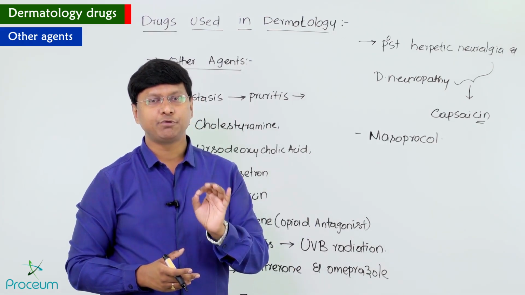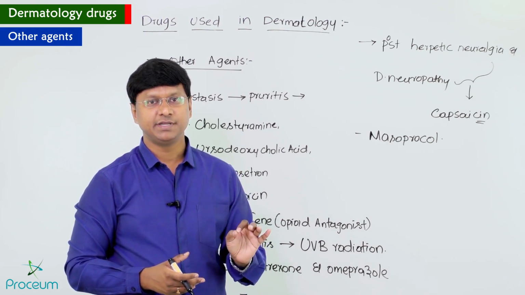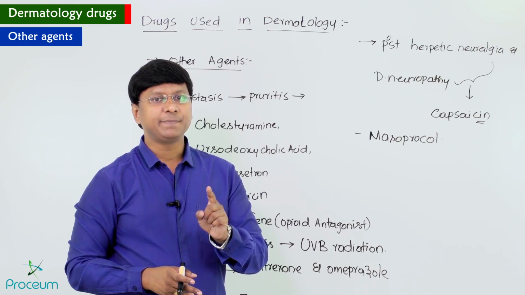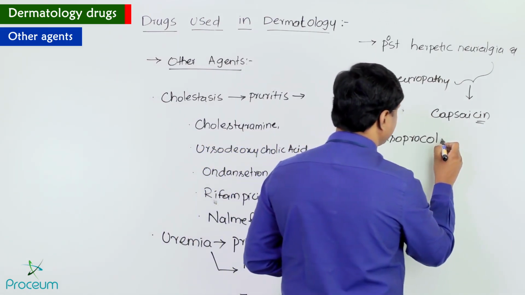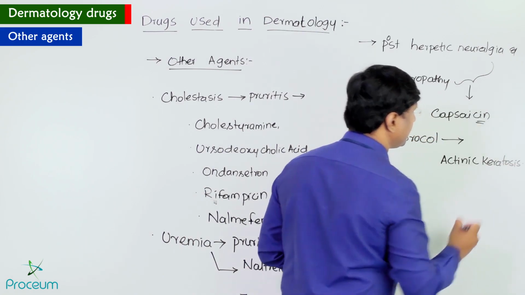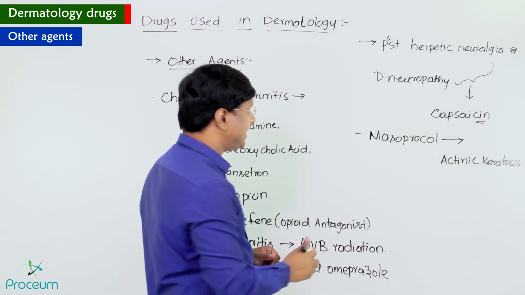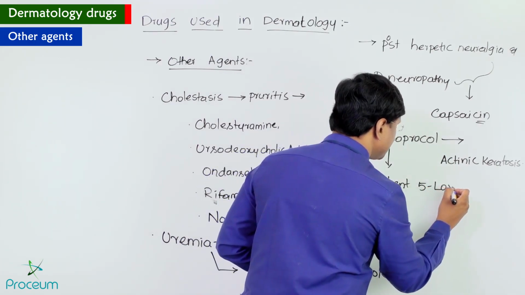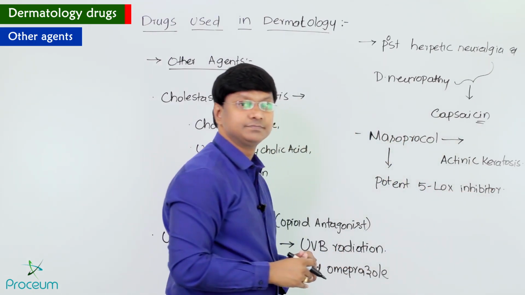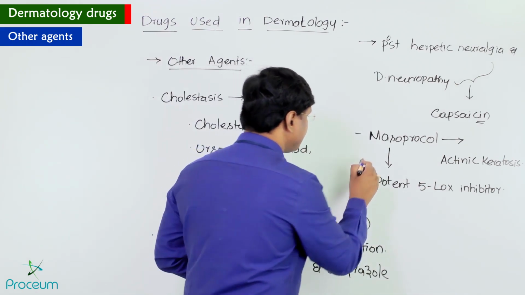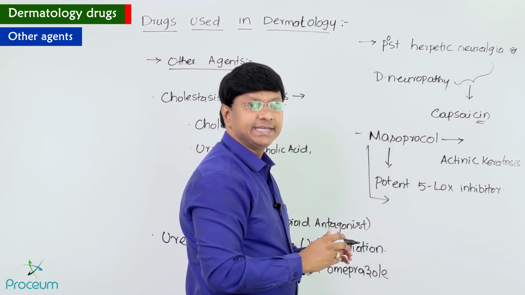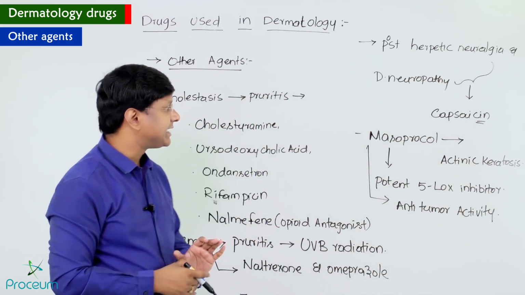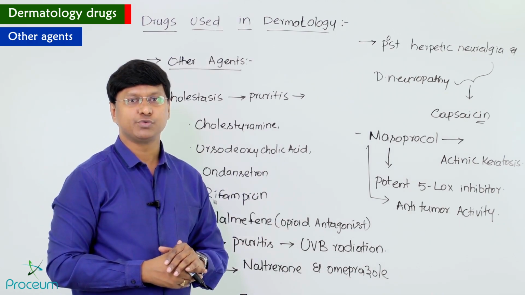Remember, it is a potent 5-lipoxygenase inhibitor with anti-tumor activity, and it is effective for topical treatment of actinic keratosis. So that is about your masoprocol.